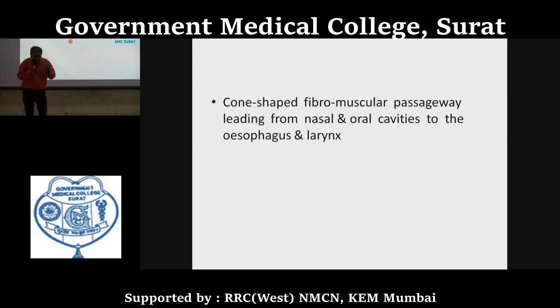Okay, we will discuss the structure of the pharynx later on, but right now it's a fibromuscular tube. And second, I have written that it's a passageway leading from the nasal and oral cavities. So it means that it is serving the functional purpose. It means that it's a passageway for the air as well as the food. Okay, so this is about the introductory aspect of the pharynx.